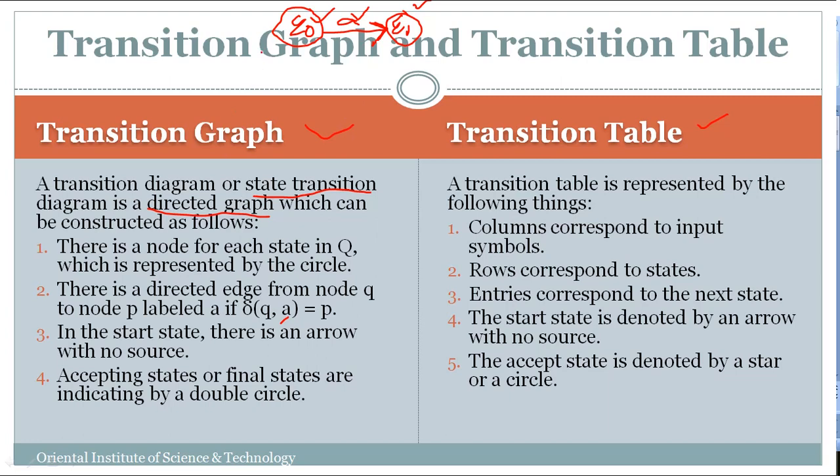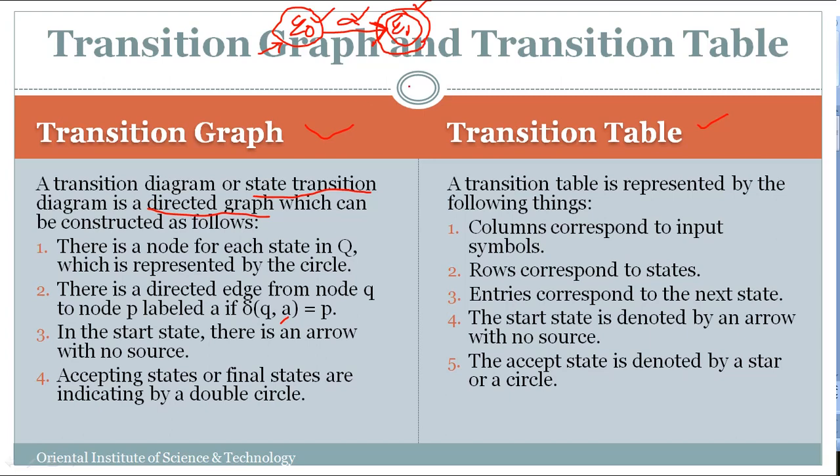Now, the starting state is represented by an arrow. The starting state is very important, and you represent it by an arrow to differentiate it from the other states. Similarly, if there is a final state, you represent it by a double circle.